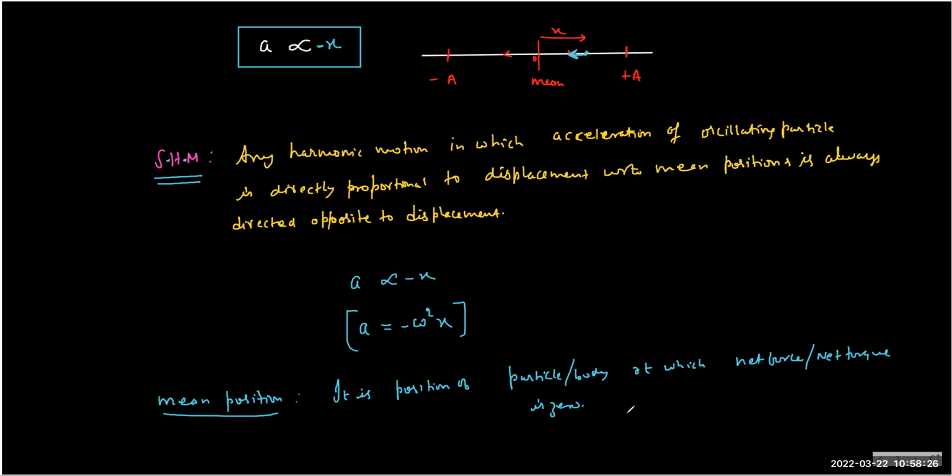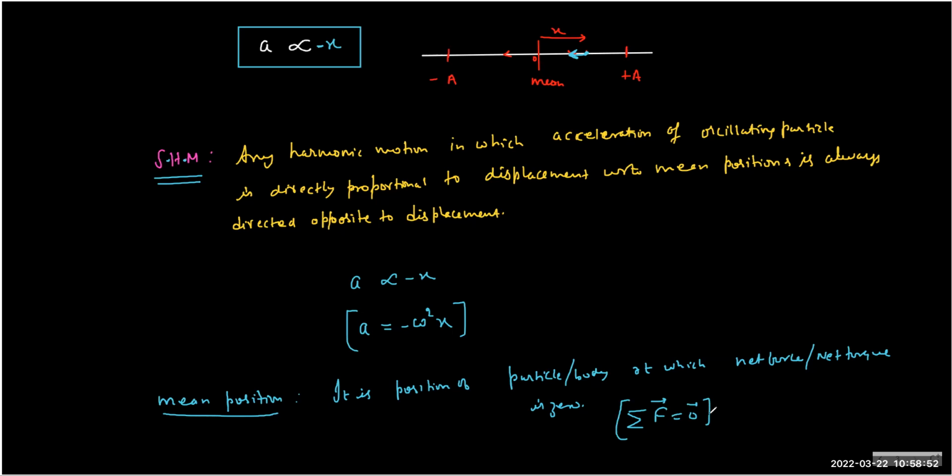So how to get the mean position? First you go to some random location, draw the FBD and equate all forces to zero, and you will get the answer. The mathematical condition is simple. To find the mean position, we have to use the force equation: the summation of all forces will be 0.